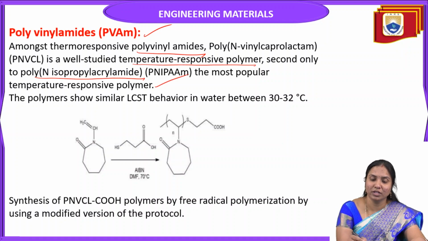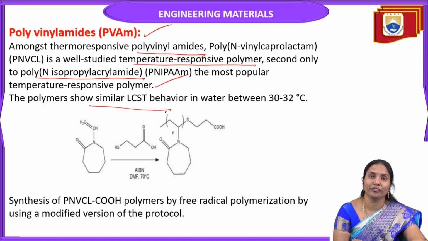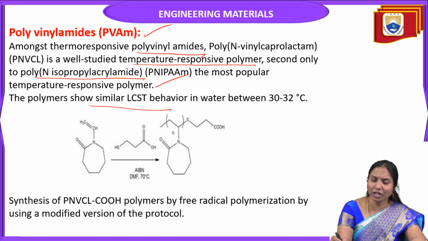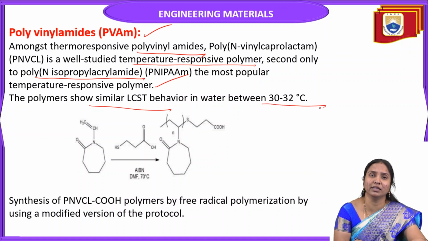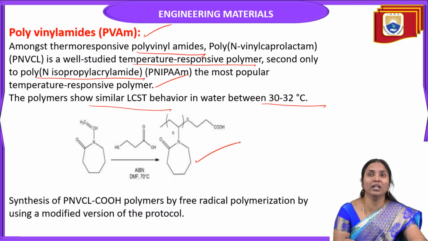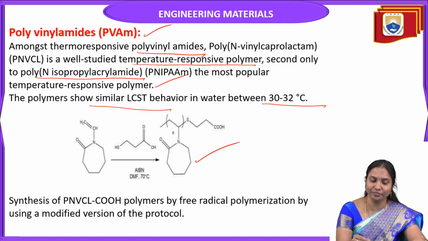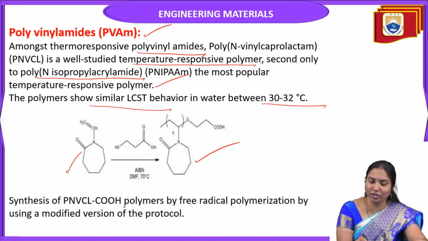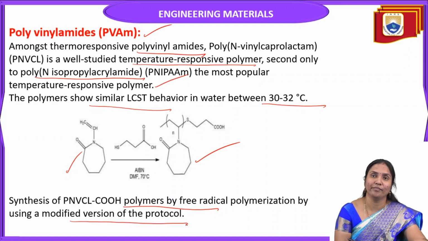The polymer shows a similar lower critical solution temperature behavior in water, between 30 and 32 degrees centigrade. The poly-N-vinyl caprolactam polymer is synthesized by free radical polymerization using a modified version of the protocol.